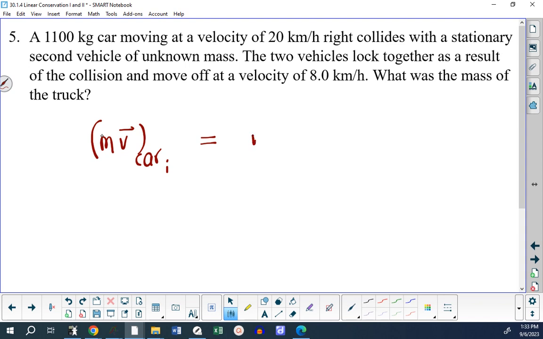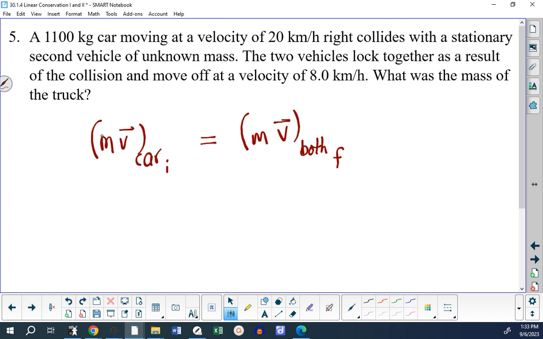So we have the mass times the velocity afterwards of both. What is the mass of the unknown vehicle? What is the mass of the truck?